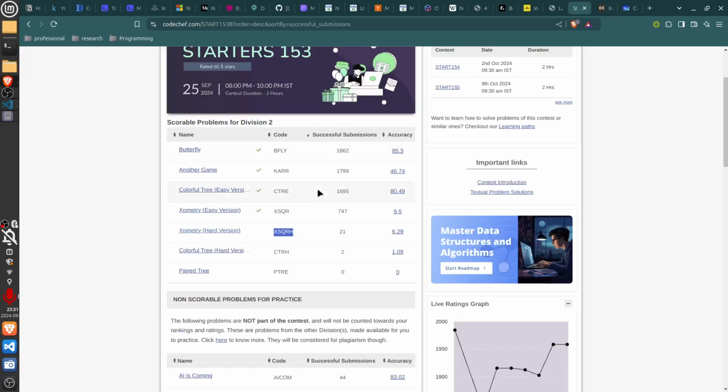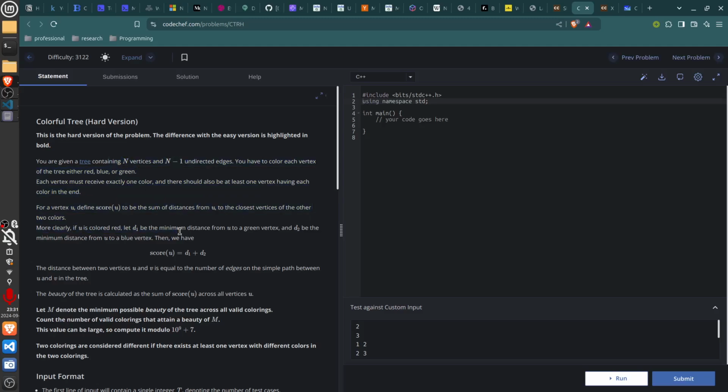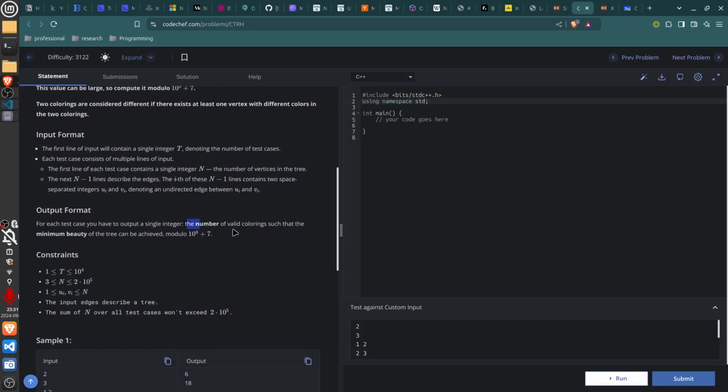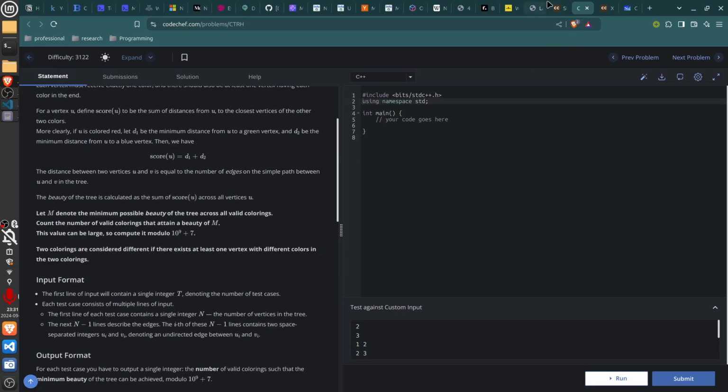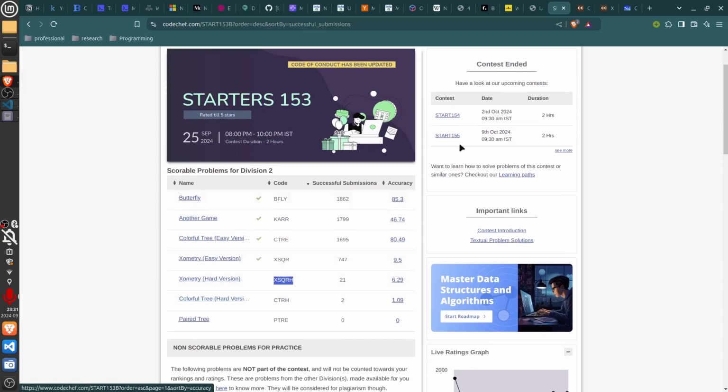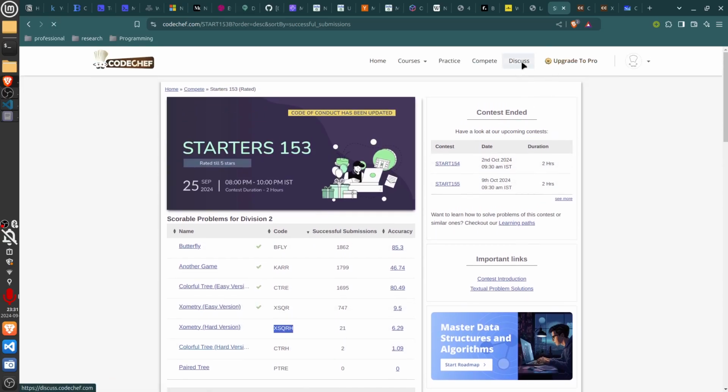And that's about all I could solve. The other problems are kind of hard. I guess I'm just going to look at the editorial real quick and record that, but I'm not going to push my luck. Like colorful tree, that's just counting the number of ways.